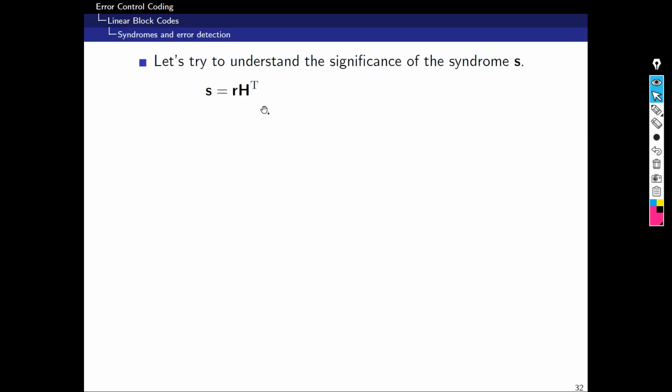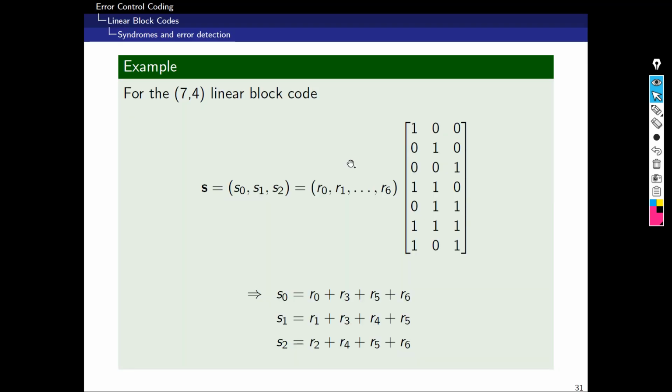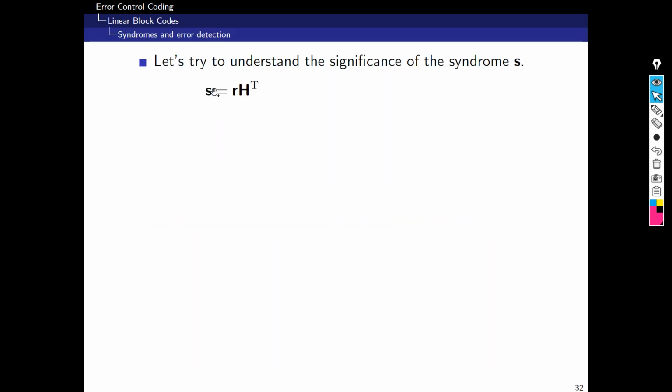Now, how do you do that mathematically? Let's try to understand the significance of the syndrome S by math. S is equal to R multiplied by H transpose, as I showed you here, and the length of S is n minus k. Now, what's R?